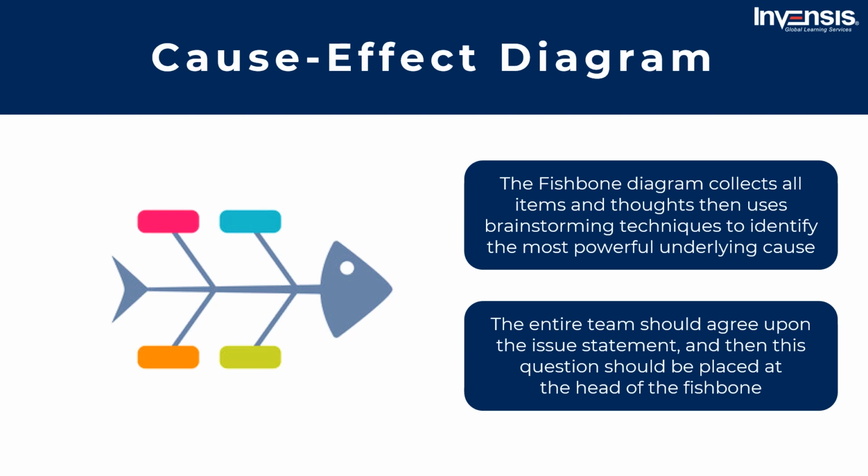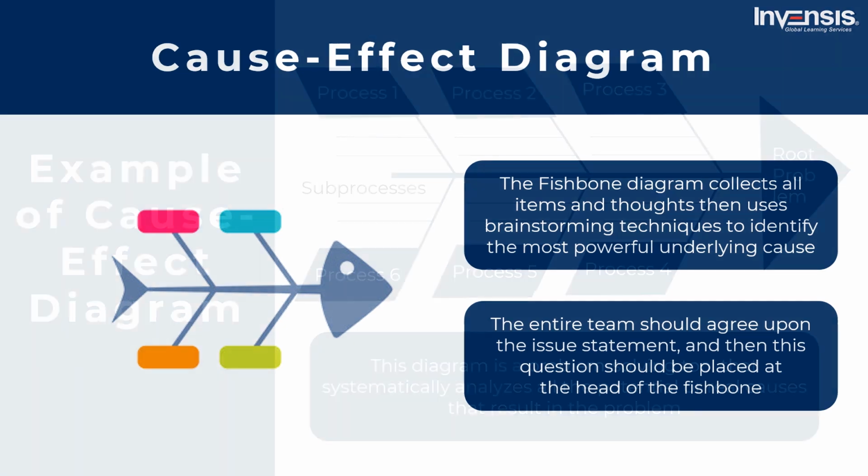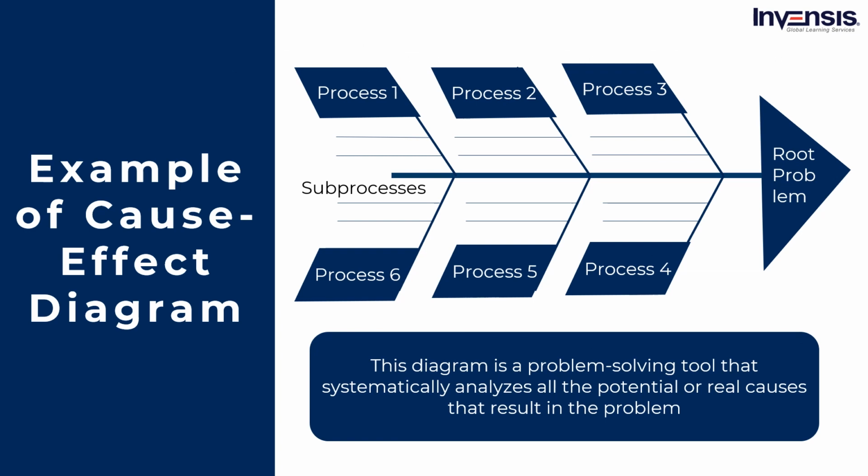Next, the entire team should agree upon the issue statement, and then this question should be placed at the head of the fishbone. Here is a simple diagram to explain its working. The core problem is placed at the head of the fish, then the different processes that may be responsible for the problem are noted in the rectangular boxes, and all the sub-processes of that process are listed down below the respective rectangular boxes.